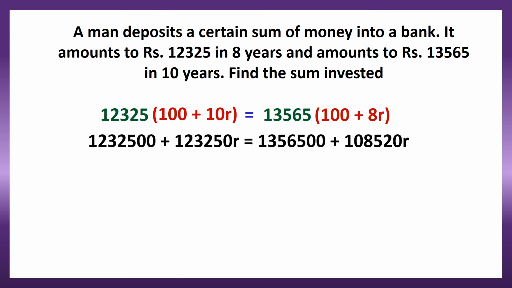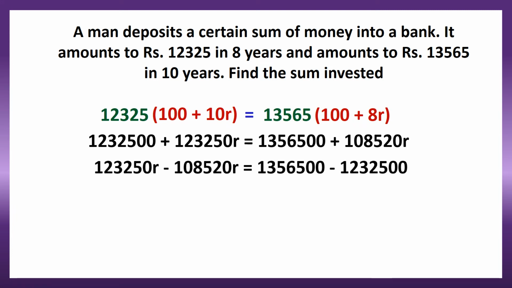So 12,325 into 100, that becomes 12,32,500 plus 1,23,250R, that is equal to 13,56,500 plus 1,08,520R. So R can be taken to one side.